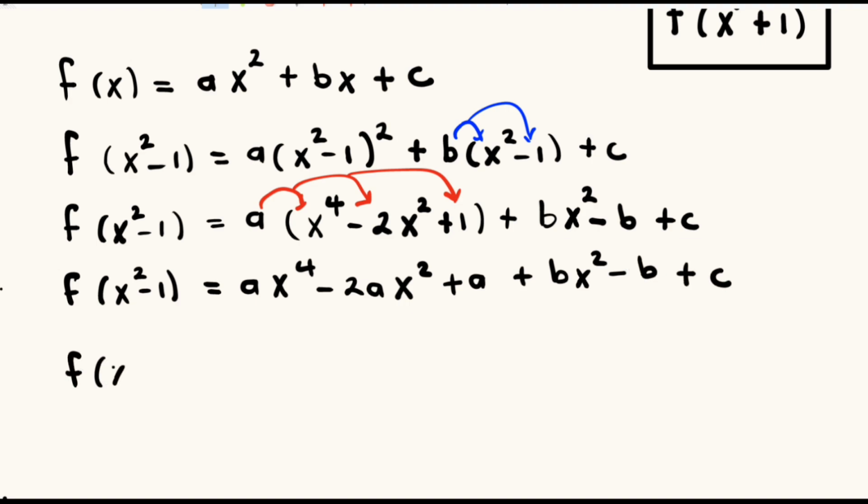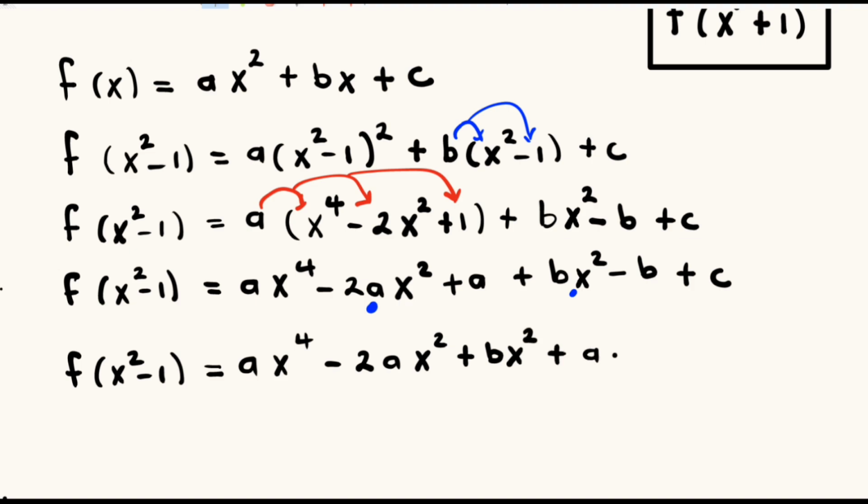From here, we can group the like terms, so we have f of x squared minus 1 is equal to a multiplied by x to the power 4, and these two will be our like terms because of the x squared. So we have negative 2a multiplied by x squared plus b multiplied by x squared plus a minus b plus c.